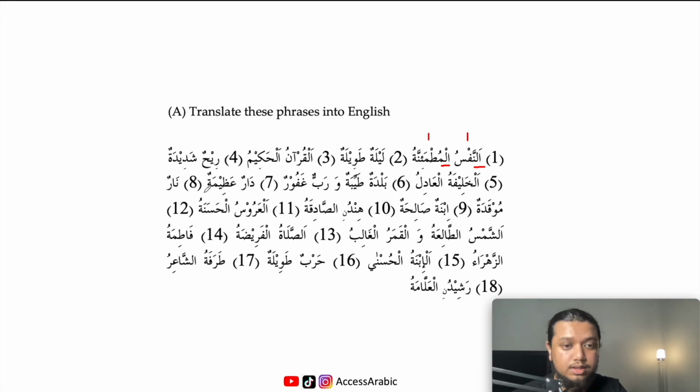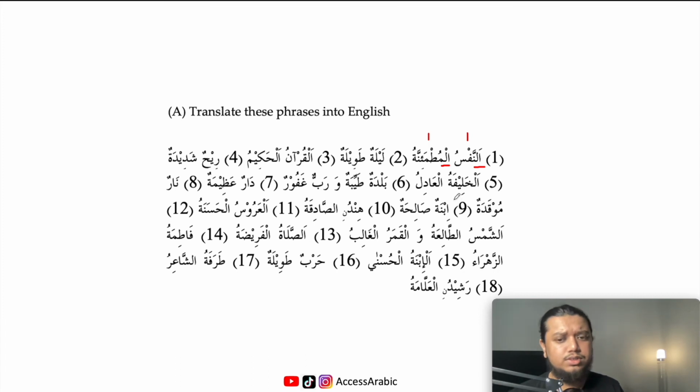Number 4 is rihun shadidah. Rihun shadidah is a strong or a severe wind. Al-Khalifatul Adil is number 5, which is the just ruler of the Muslims.